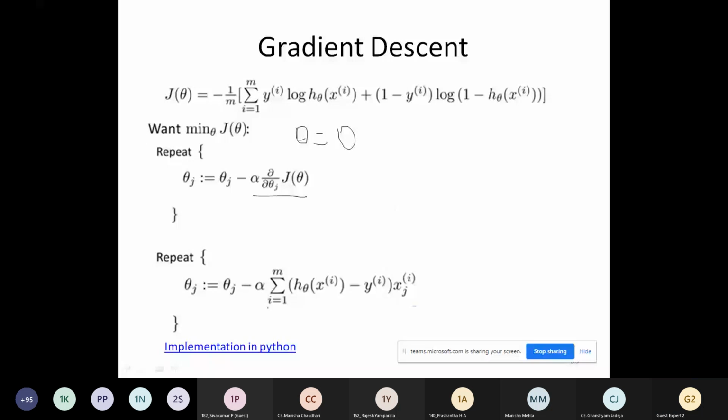For doing that, the same update is used: theta is equal to theta minus alpha into the derivative of our cost function with respect to theta.